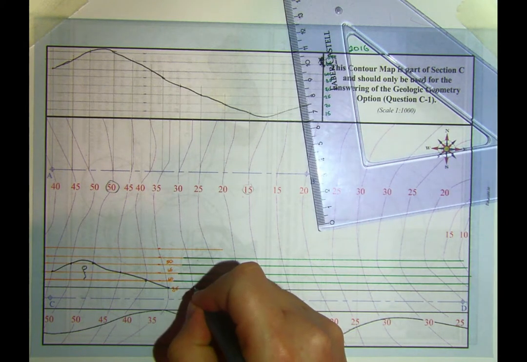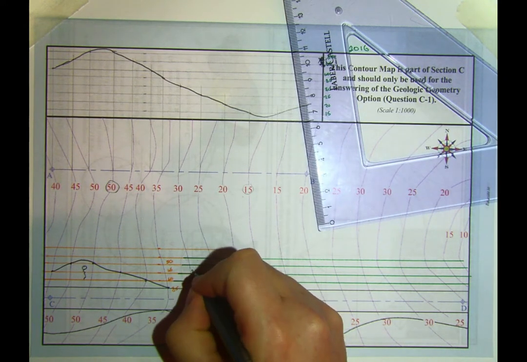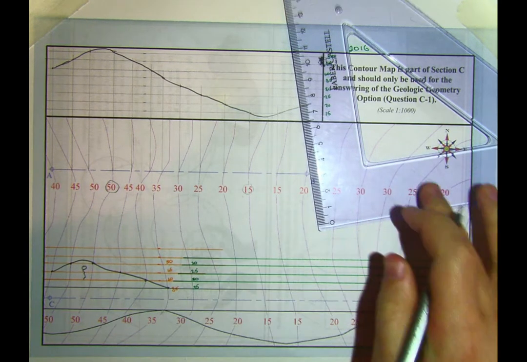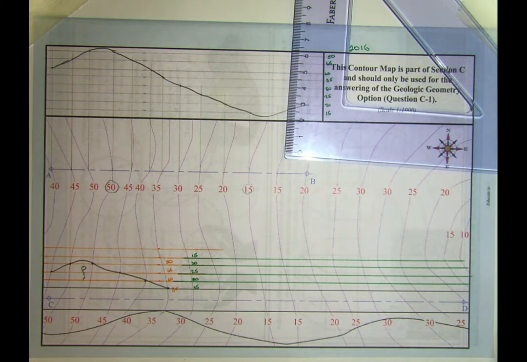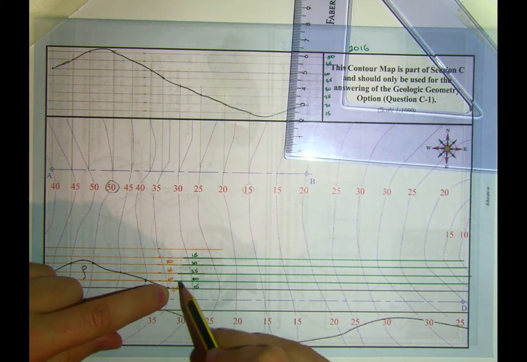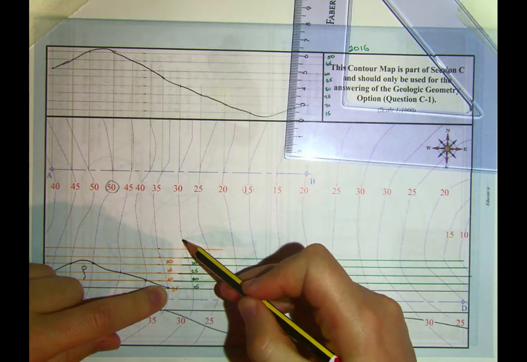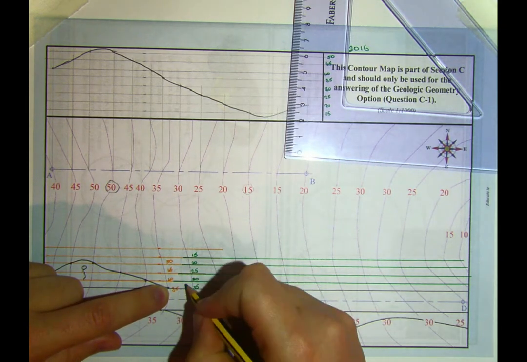So again, 35 is the side of the road. This time it's going down: 30, 25, 20, and down to 15. So again, each place that a contour of a specific height hits the height line of the same height is a point on our embankment.